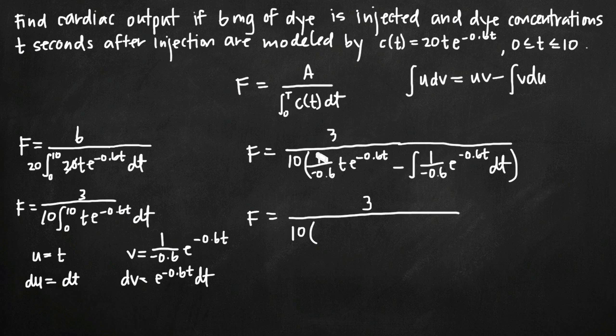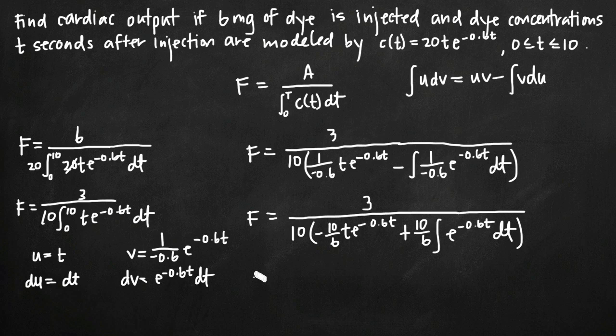So we'll get negative 10 over 6 t e to the negative 0.6 t, and then we can pull this constant coefficient out in front of the integral, our negative signs will cancel, so we'll get plus, and then again, 1 over 6/10 is the same as 10/6 times the integral of e to the negative 0.6 t dt.